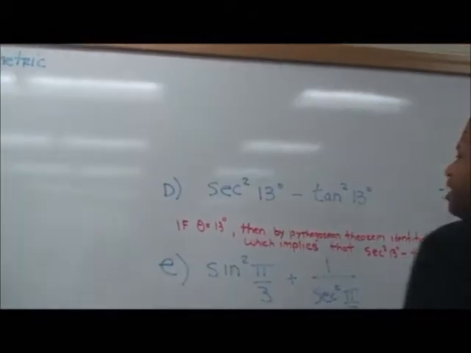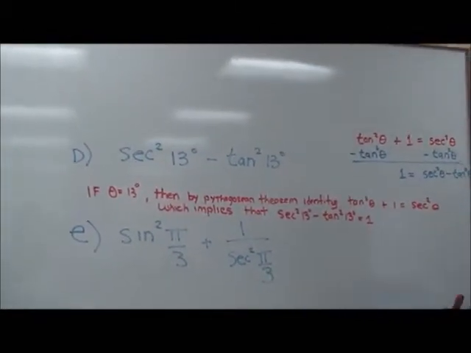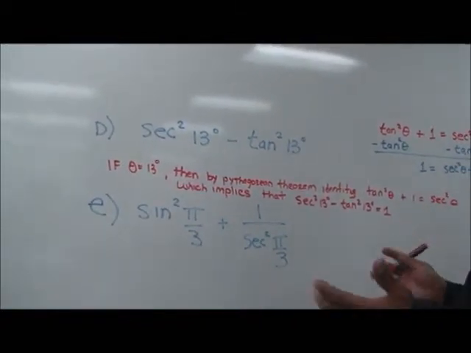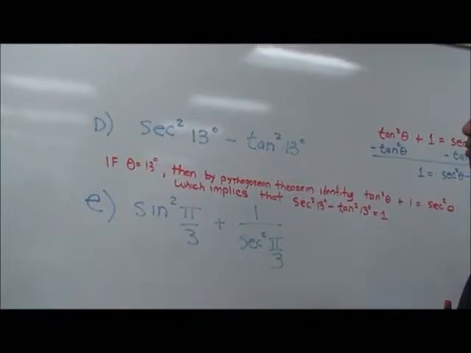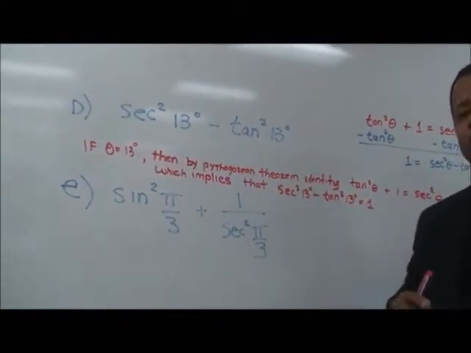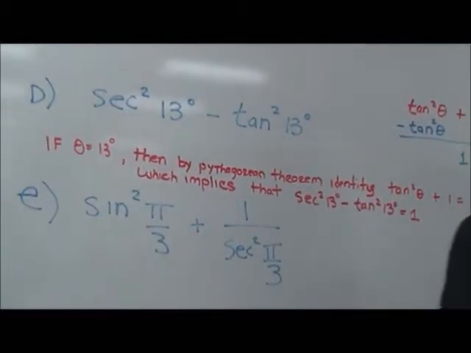If we go to secant squared 13 degrees minus tangent squared 13 degrees, it seems rather confusing. But if you look very closely, this is another Pythagorean theorem identity.